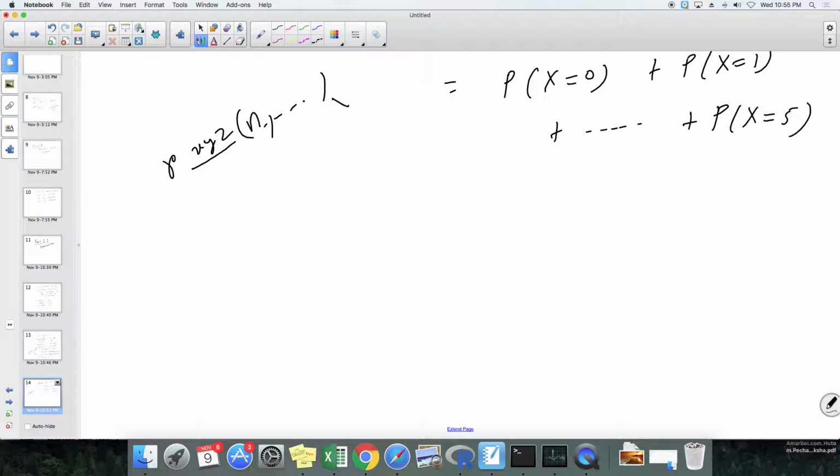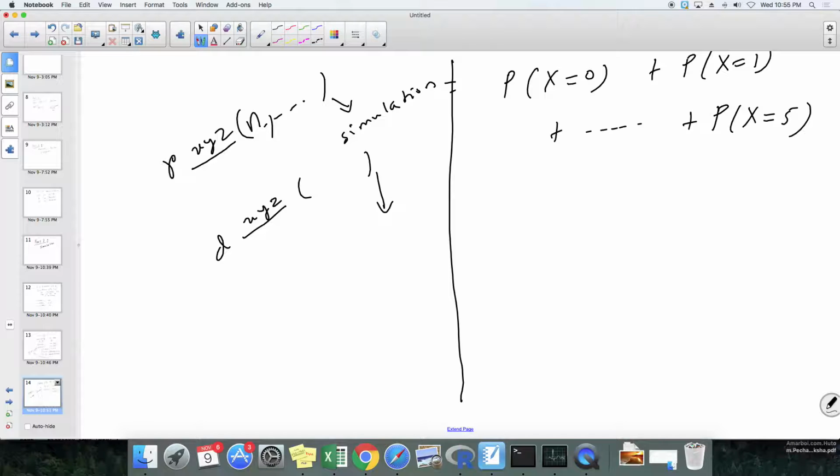This r is used for simulation from XYZ. The d generally gives you the PDF or the PMF of the distribution XYZ, and the p for XYZ gives you the CDF. So that's the general scheme.